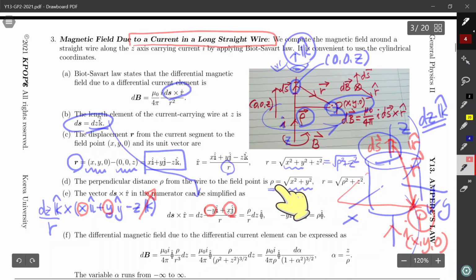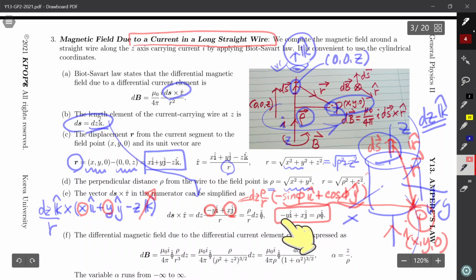Because this magnitude is rho, if we factor out rho, what we have is dz rho over r times minus y, minus the sine phi i, plus cosine phi j. This is a unit vector along the tangential direction. So this, as a result, is proportional to phi hat.